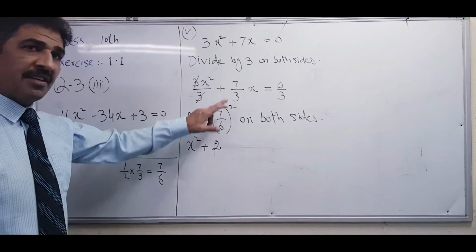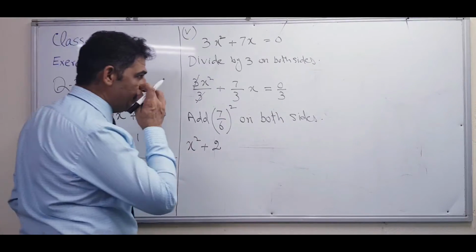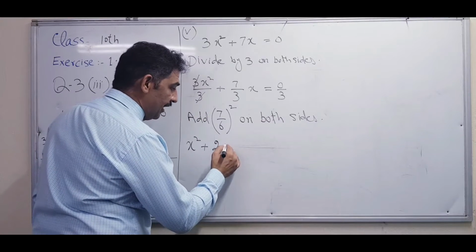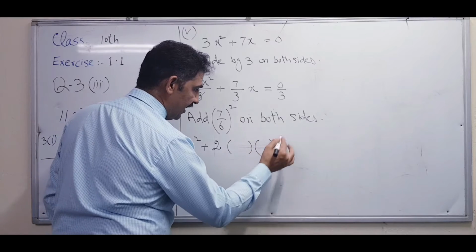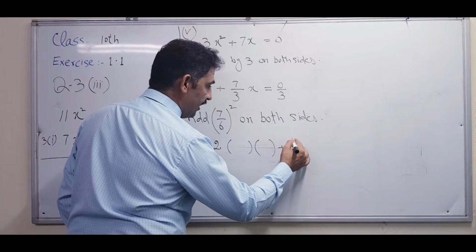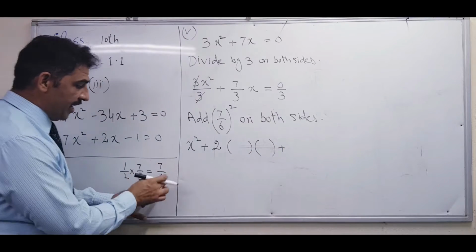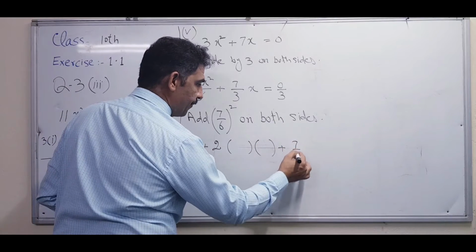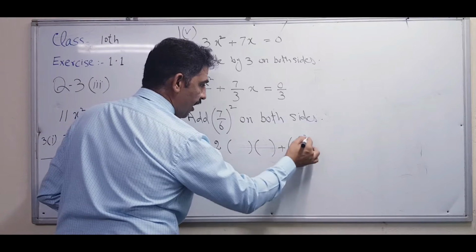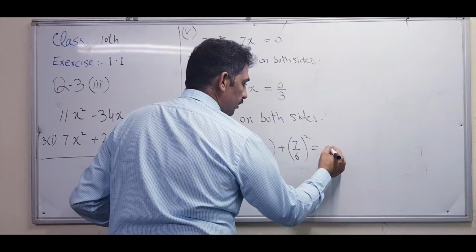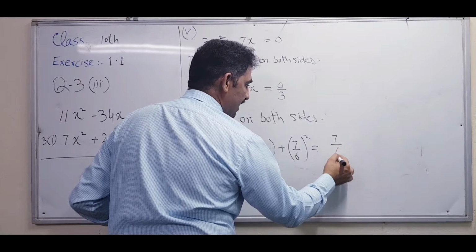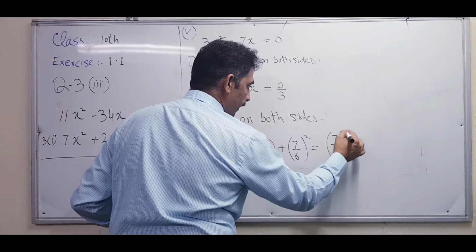You can write the same way, but if you write in such a way, then it will be better. There are two terms, first term and second term, plus here you will write the formula we have to add, 7 over 6 whole square on both sides, and here 0 over 3 is 0. So only 7 over 6 whole square will remain.